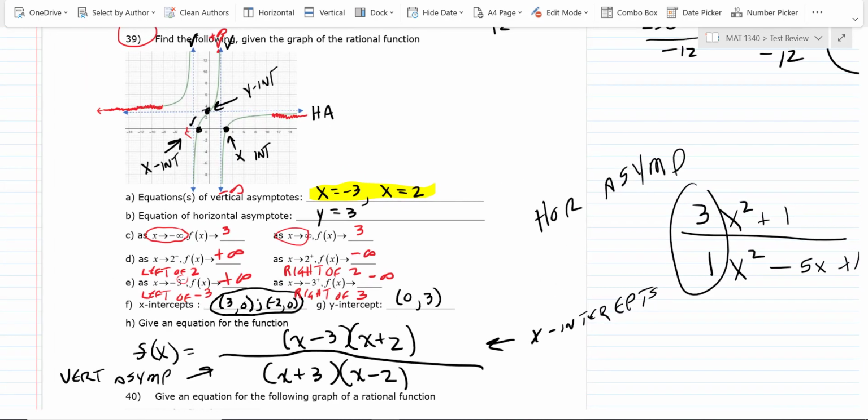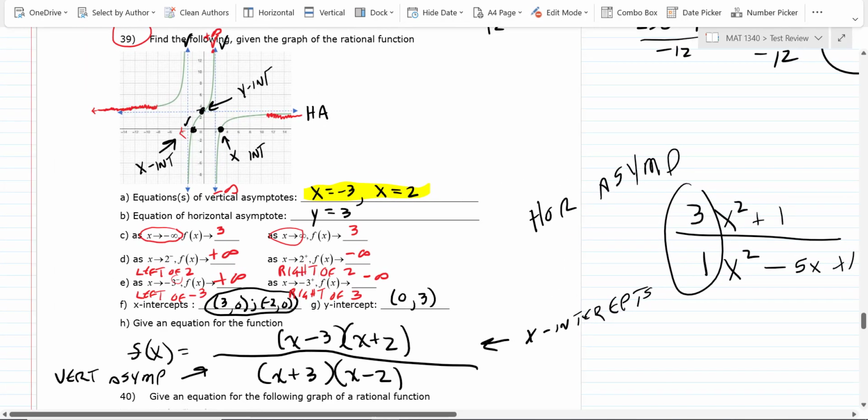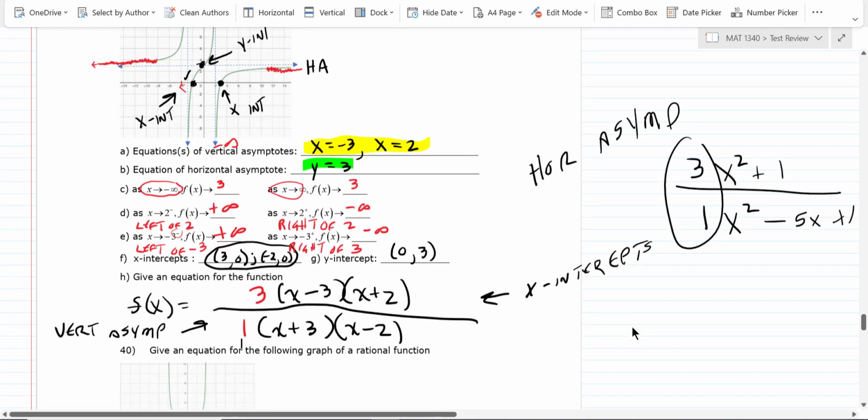So if we're going to get this horizontal asymptote of 3, that means we got to put a 3 right here. You got to have a 3 over 1 there. That puts in that horizontal asymptote. Now you've got your vertical asymptotes, you got your x-intercepts, and you've got your horizontal asymptote all put in that problem then. You just got to know where all these pieces go.